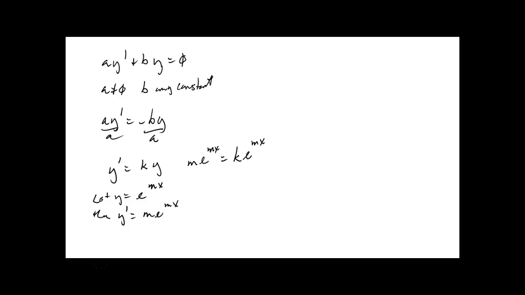Y prime would be e to the mx, chain rule, times m. And when you plug that in, m e to the mx is your y prime, equal to k times y, which is e to the mx. So this will be true anytime m is equal to k.